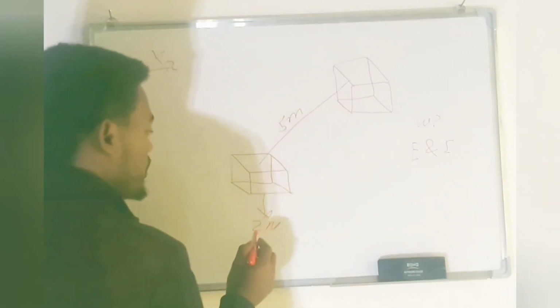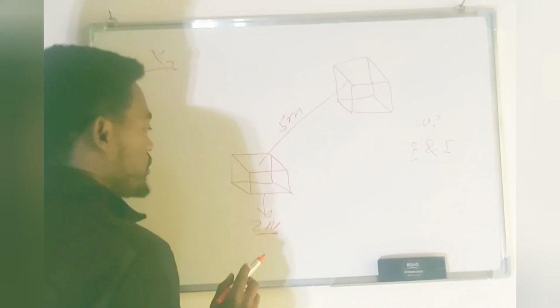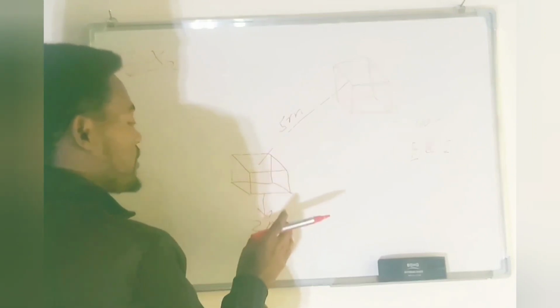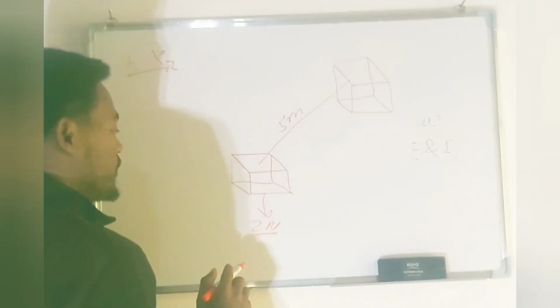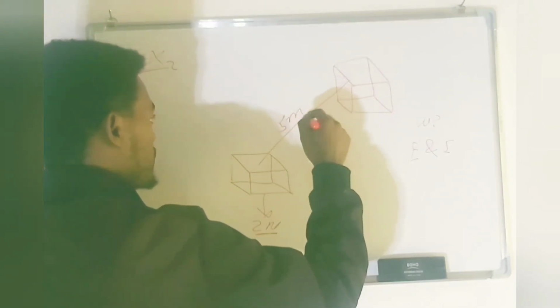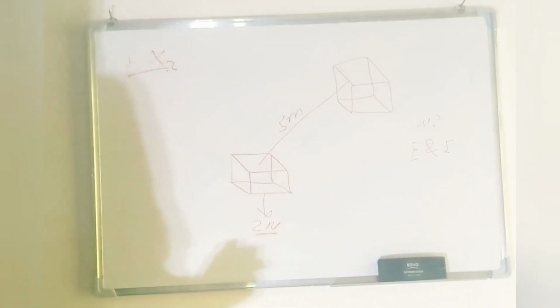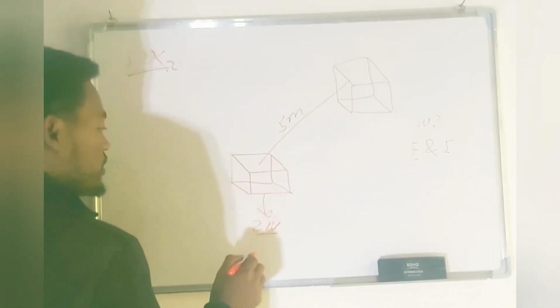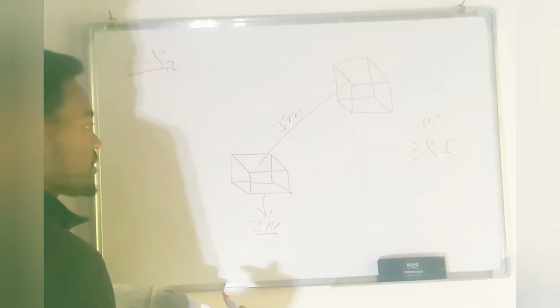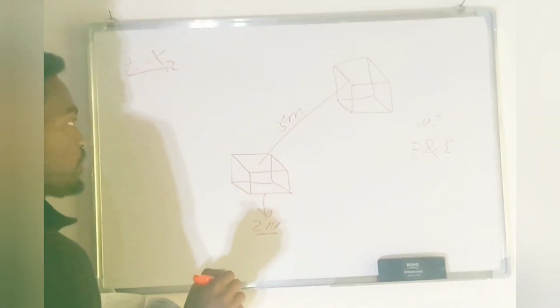So here, 2 Newton is acting downward, so it is vertically acting on this box. But the distance that this box has traveled is horizontal, so it is not in the same direction. Whether it is opposite or in the same direction, the distance should be in the direction of force.